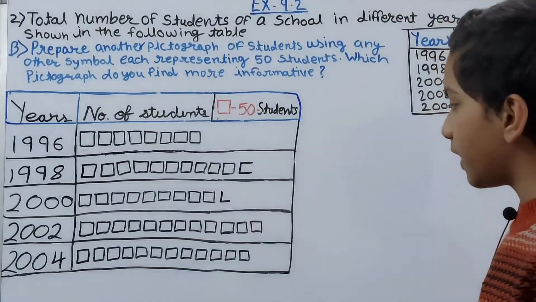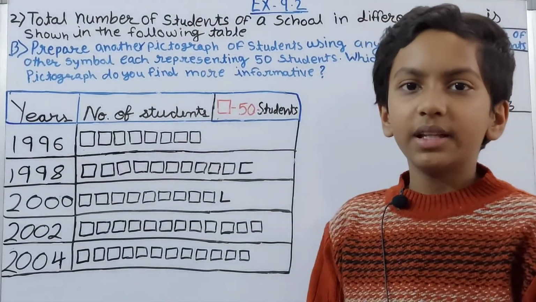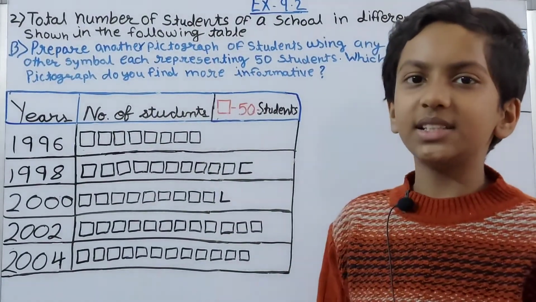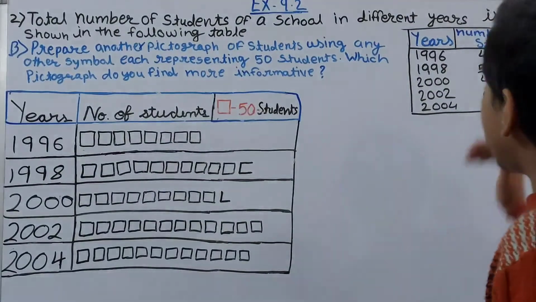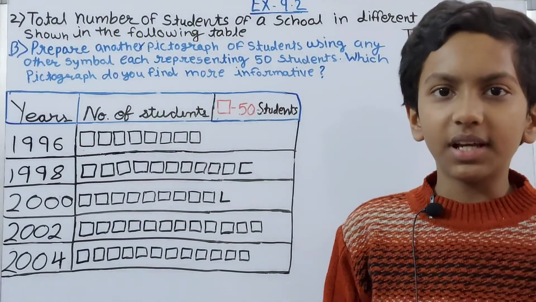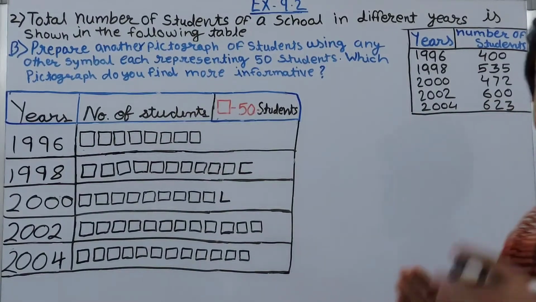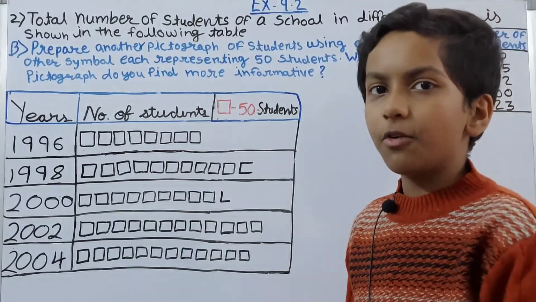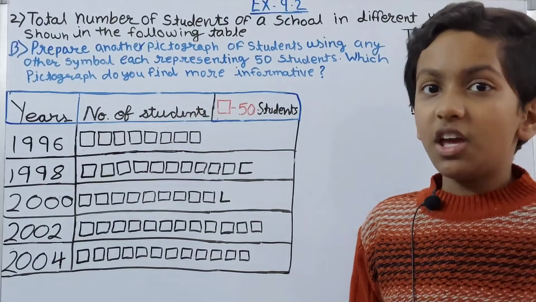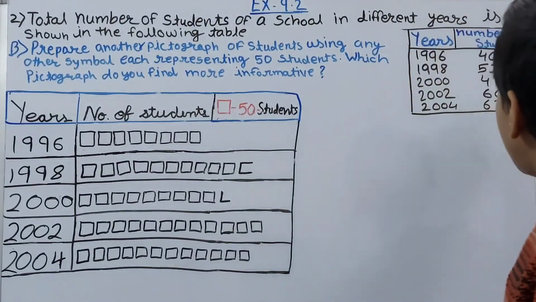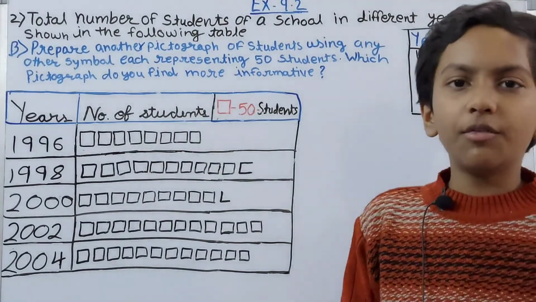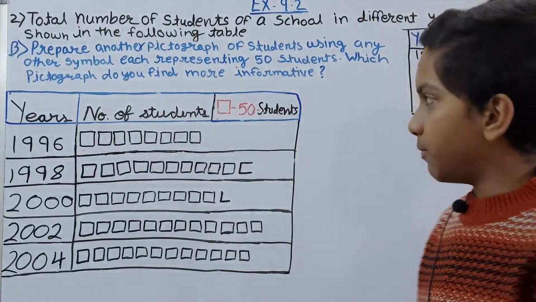Now friends, over here you can see I have made the 12 complete symbols that are representing 600 students. But friends, over here we also have this 23 left. So what can we make for this 23? If we round off this 23, we will reach 25 somewhere, okay?